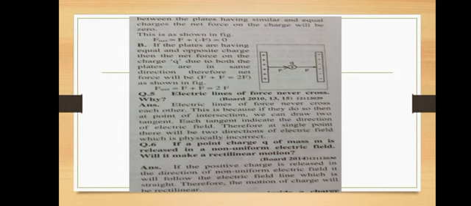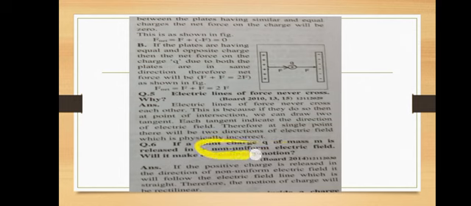Question number 6, if a point charge Q of mass m is released in a non-uniform electric field, will it make a rectilinear motion? Yes, it will make rectilinear motion. It moves along the electric field.